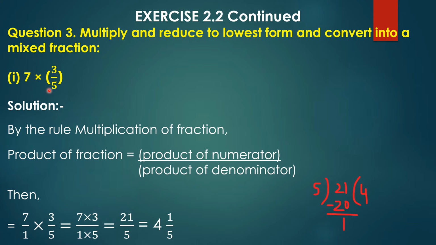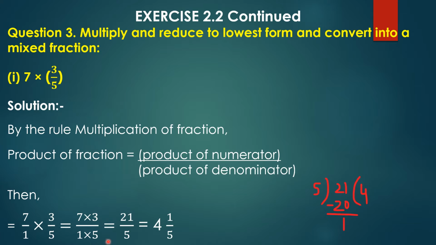So 7 into 3 by 5 can be written as 7 by 1 into 3 by 5, which is equal to 7 into 3 divided by 1 into 5. 7 3s are 21, divided by 1 into 5, it is 5. Therefore 21 by 5 is the lowest form of the multiplication of these two fractions.